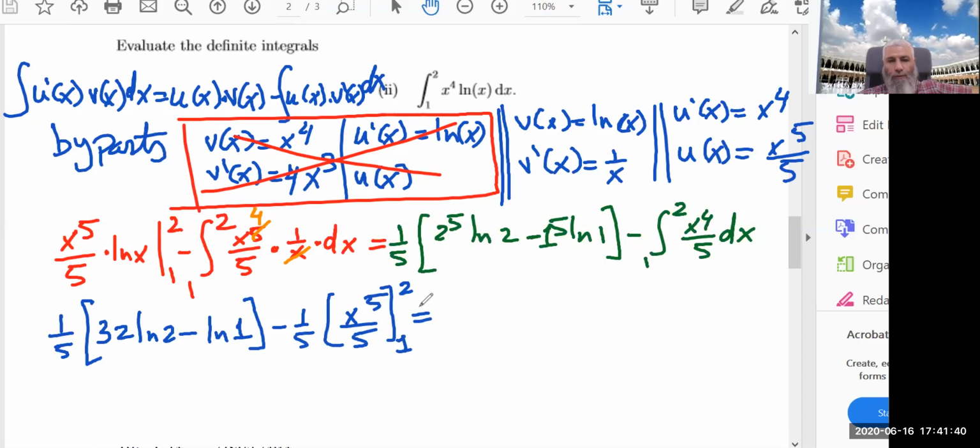So we can take 1 over 5 as a common factor.